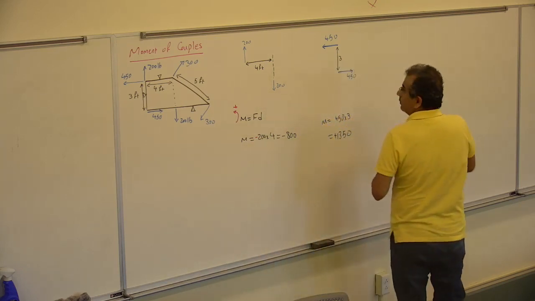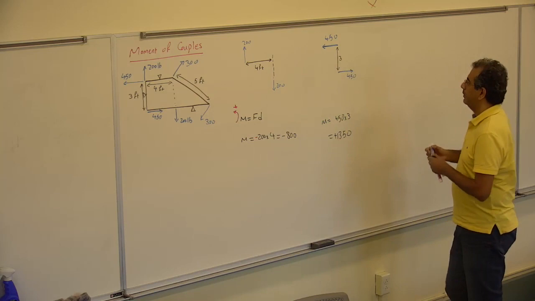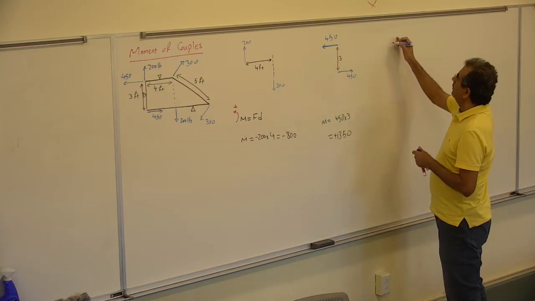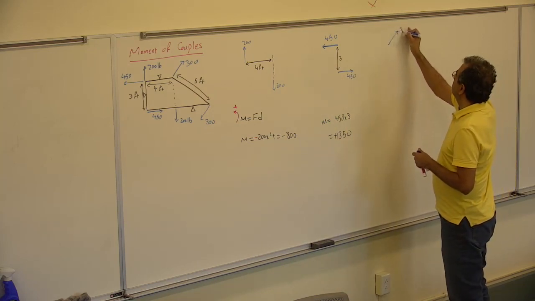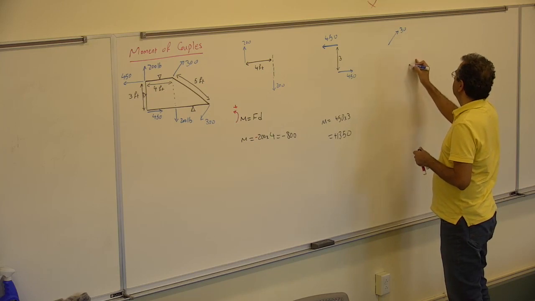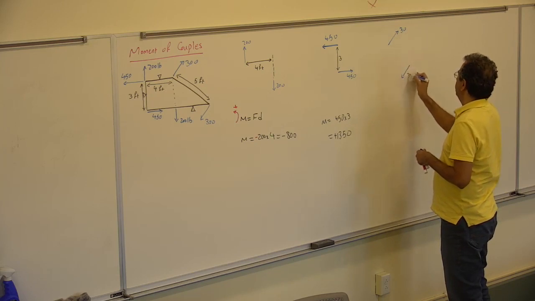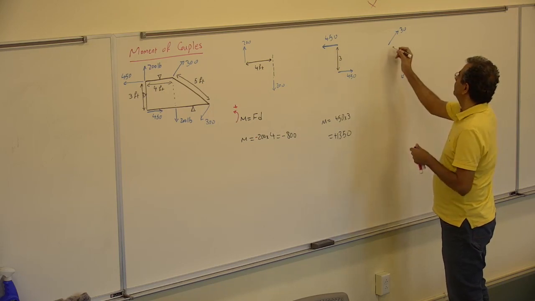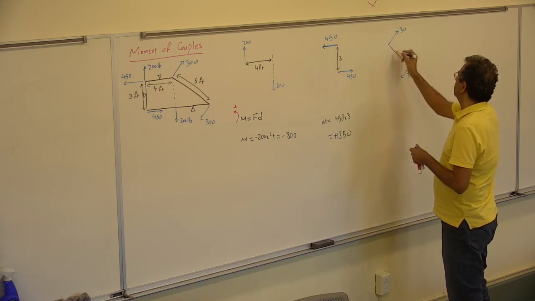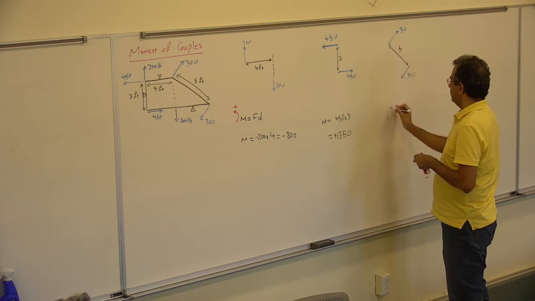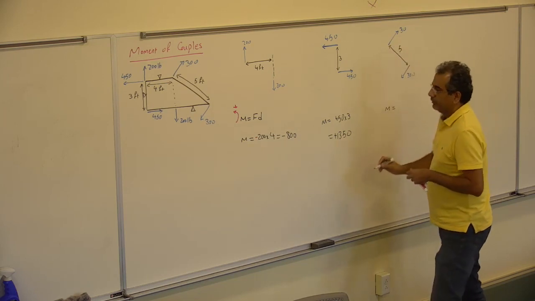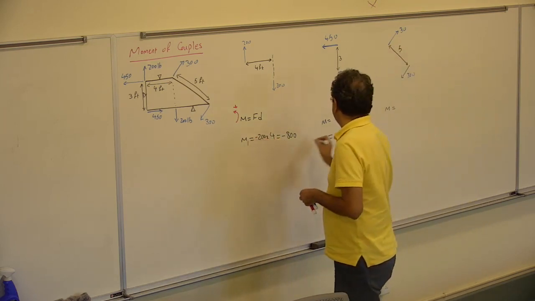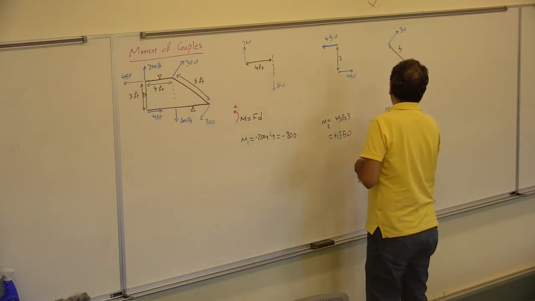And the third one would be the 300. So I have the 300 going like that. 300. 300. And the distance between them is 5.